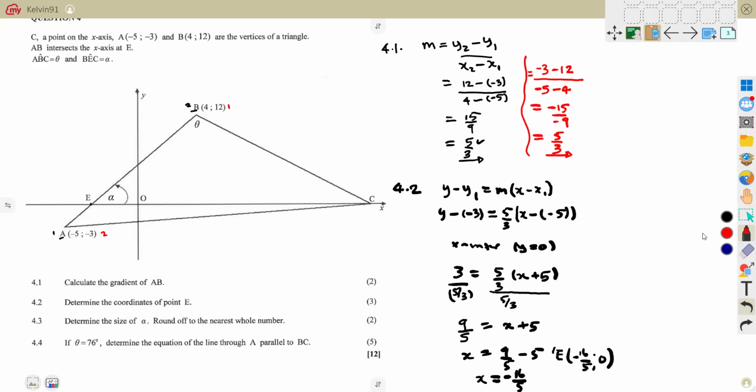And take note, if we had used the other point there, or let's use the same approach but with the other point, it's going to be y minus y1, but our y1, if we're using this point, y minus 12 equal to m, the m is 5 over 3, open bracket, x minus 4.